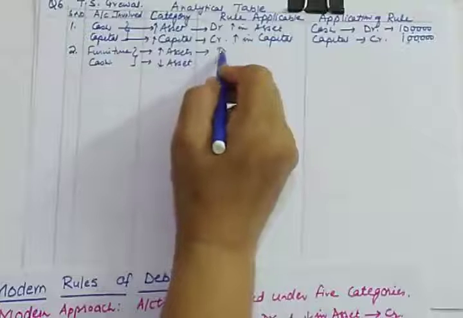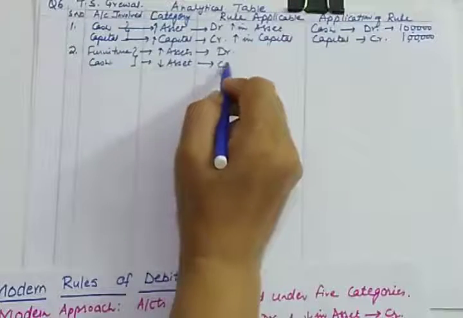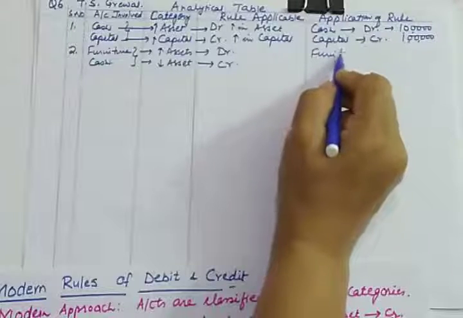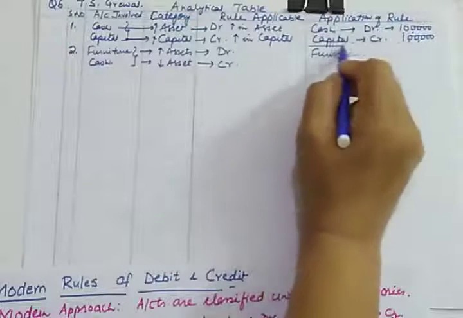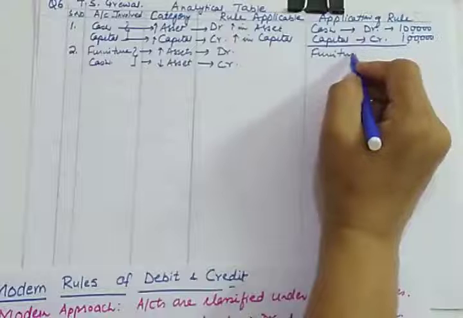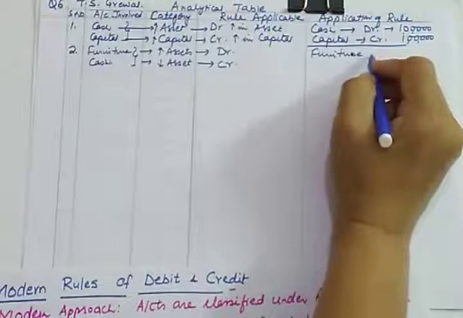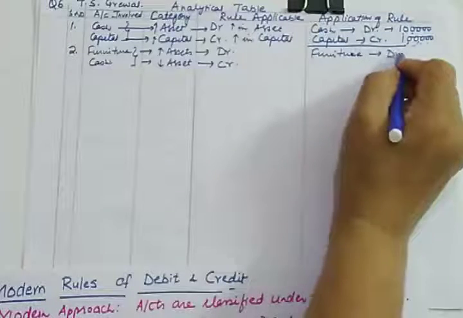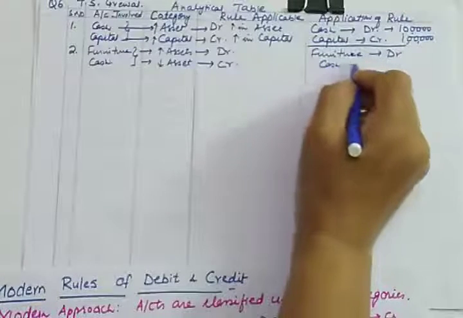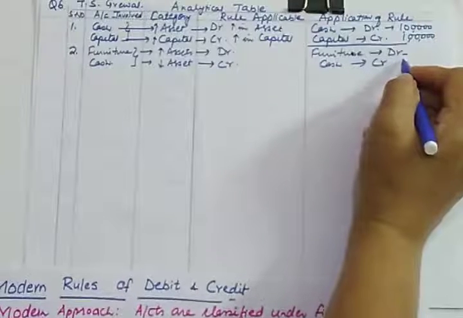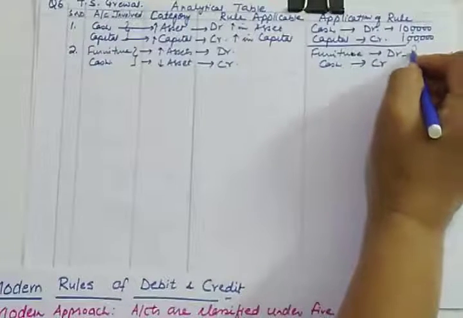Increase in asset, debit, decrease in asset, credit. So finally furniture, you can put a line just to differentiate this. Furniture account will be debited and cash account will be credited, and the amount will be 20,000.